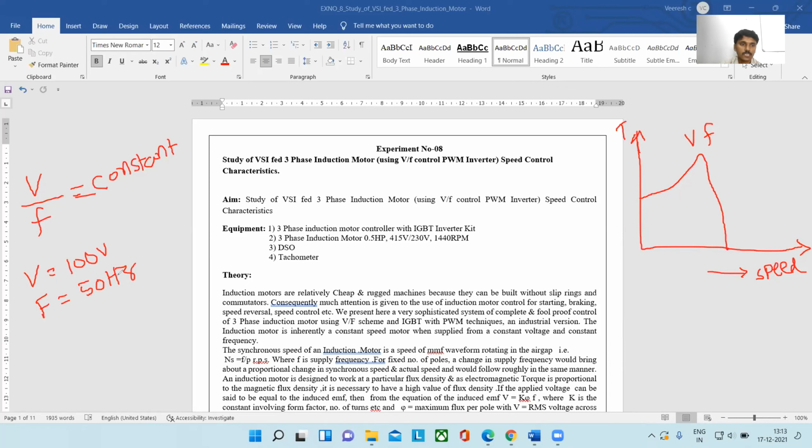When the voltage is 100 volts and frequency is 50 hertz, then we will obtain the speed torque characteristics like this. The voltage of 100 volts can be represented by V1, and the frequency of 50 hertz by F1.